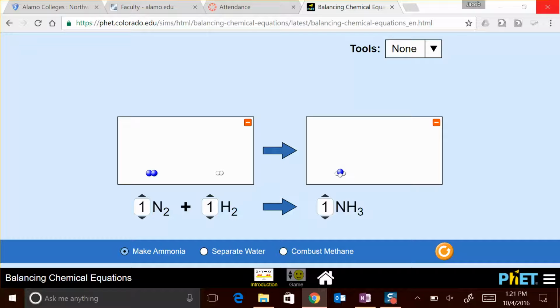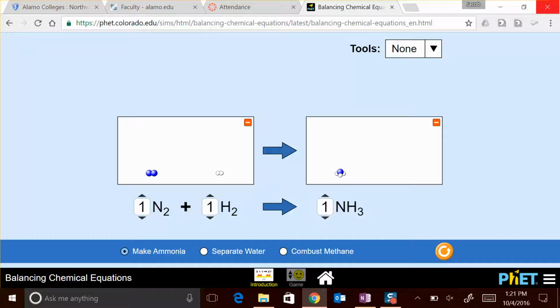So here I have 1 nitrogen molecule that has 2 nitrogens, 1 hydrogen molecule that has 2 hydrogens, and 1 ammonia molecule that has 1 nitrogen and 3 hydrogens. Hopefully you can see this is not balanced. I have 2 nitrogens here and only 1 over here.